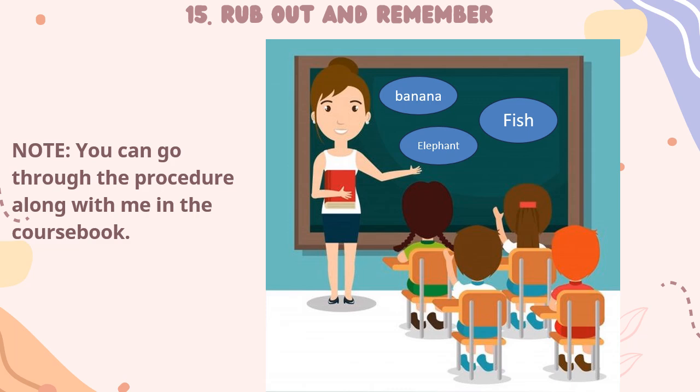So now she points to the empty circle and lets students recall the word that was in that circle earlier before she erased. So here you can also ask students to write the words in the circles that they were previously in, to just help test their attention and memorization.